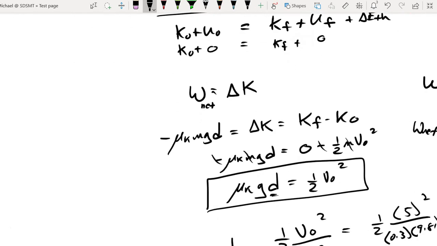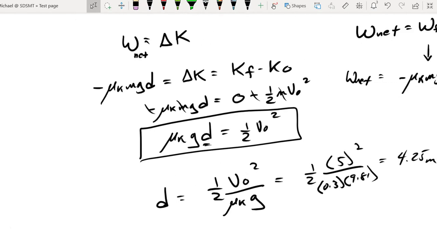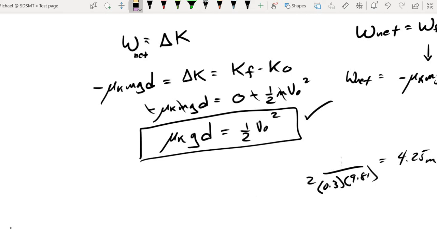Another thing that we could do is, back to this same equation, maybe we don't know what the coefficient of the system is. Maybe we don't know what that kinetic coefficient is, but we know that it took 10 meters for this block to come to a halt.